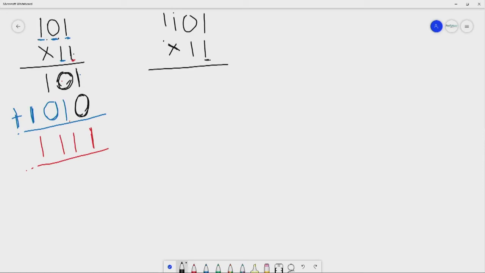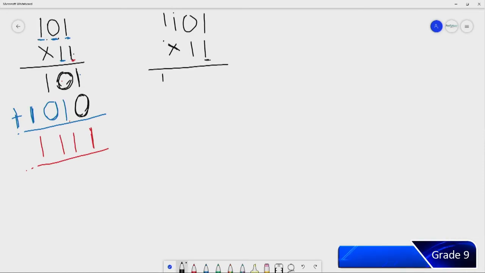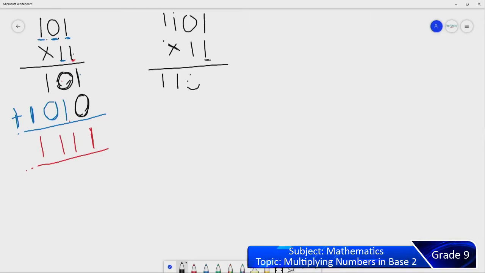So 1101 multiplied by 1 is just 1101. Next, we multiply everything by this other 1. We put a 0, and we can save ourselves the trouble and just rewrite 1101.